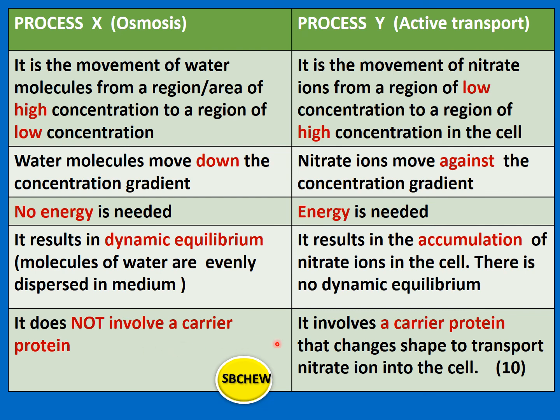Okay, but for Y, it must involve a carrier protein that can change shape. So in this case of the nitrate ion, since it's transported into the cell by active transport, it must involve a carrier protein.